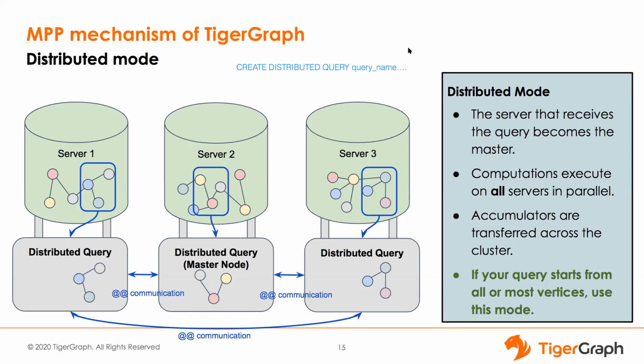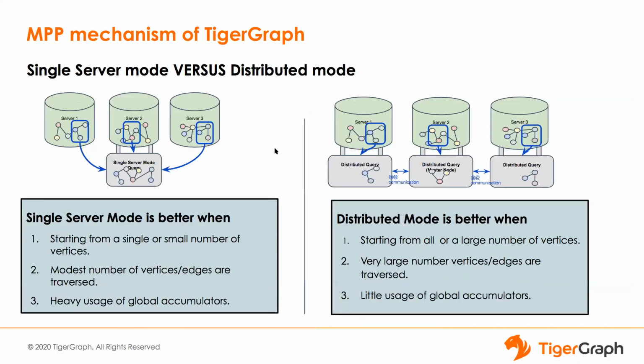Now you may have a question: when should I use single server mode, and when should we use distributed mode? That's a very good question. By comparing the two, usually the rule of thumb is that if your query only starts from a single vertex or a small number of vertices, and it only traverses a modest number of vertices and edges, it's a tiny query, say below 1 million edges, it's not very big, then usually single server mode will give you better performance.